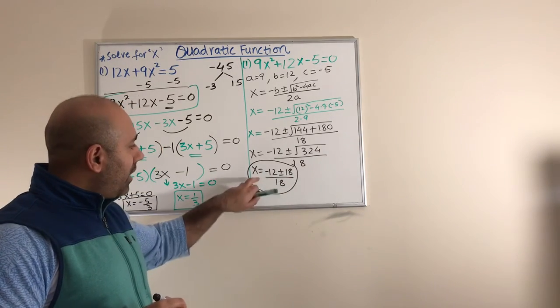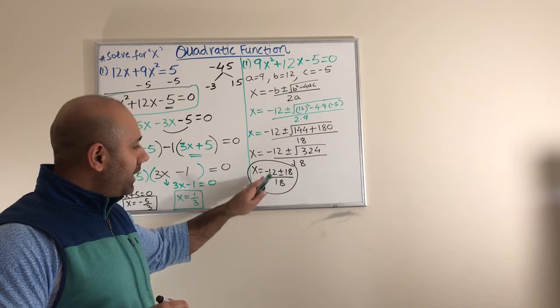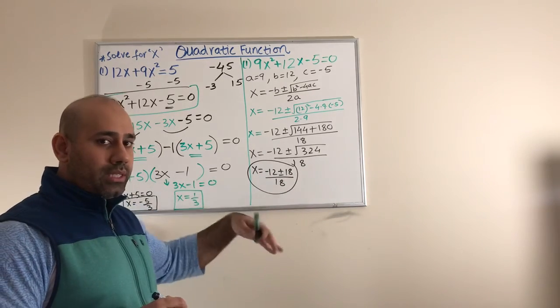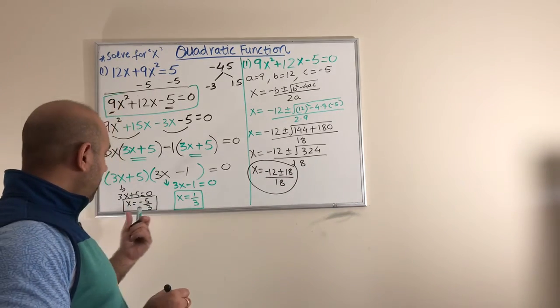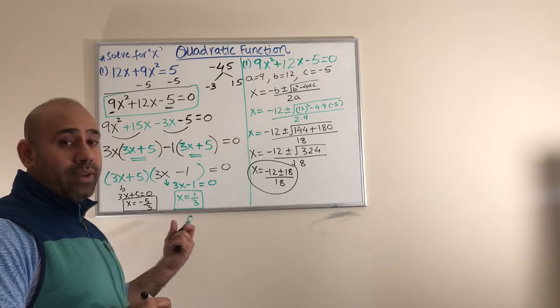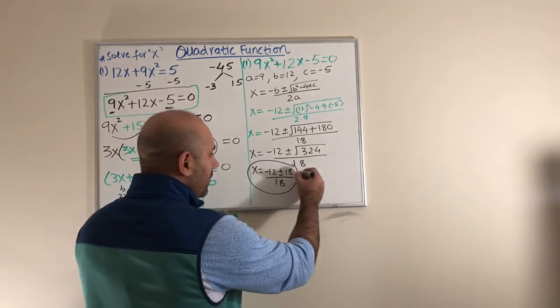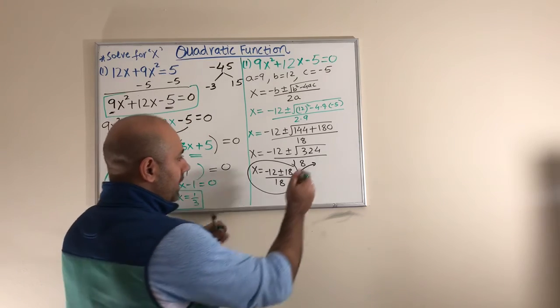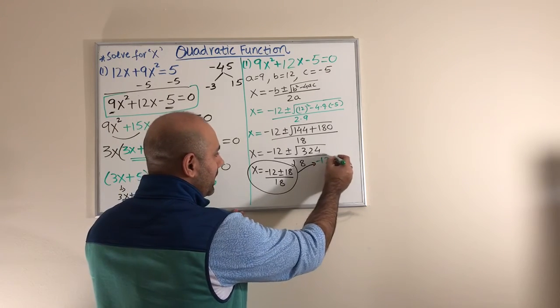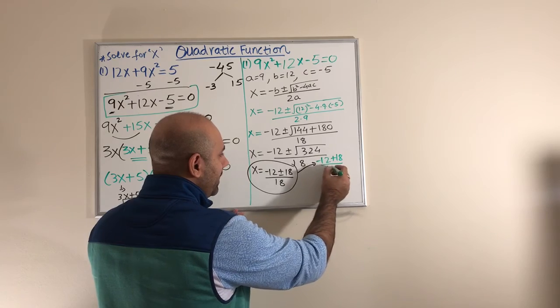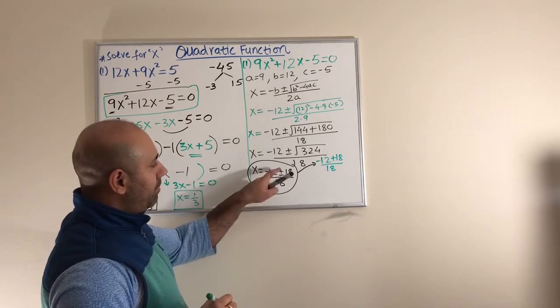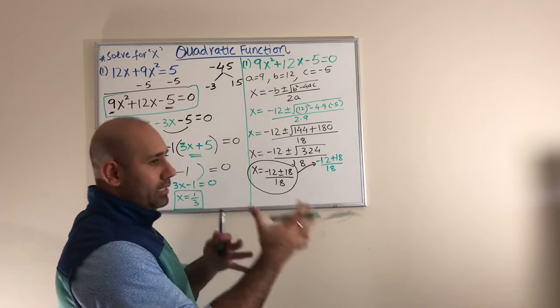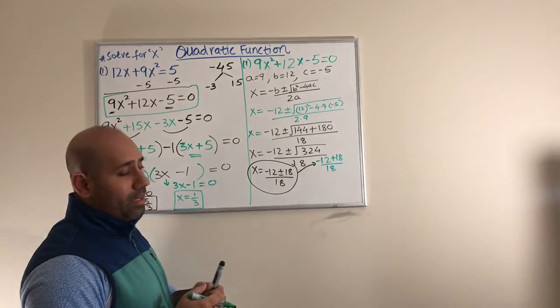Okay. Now this, we want to break it down into two pieces so that we can see that the final solution looks like what we already got from the factoring method. So there's going to be two solutions. Number one is negative 12 plus 18 over 18, right? Because there's a plus and minus, so we got to have the plus, and then we also have the minus.